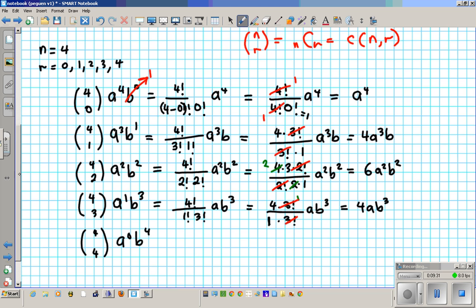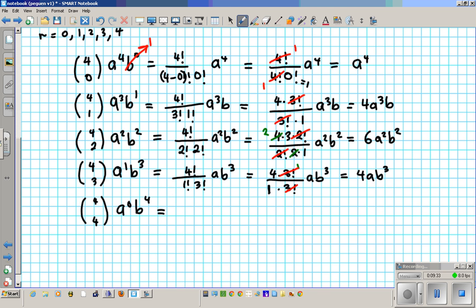Alright, last but not the least, we're going to have 4 factorial divided by 4 minus 4 factorial, 0 factorial, 4 factorial. A to the 0 is just simply 1, times b to the 4th. Okay? The 4 factorials cancel out right here because they're identical, right? So let me just write it like this.